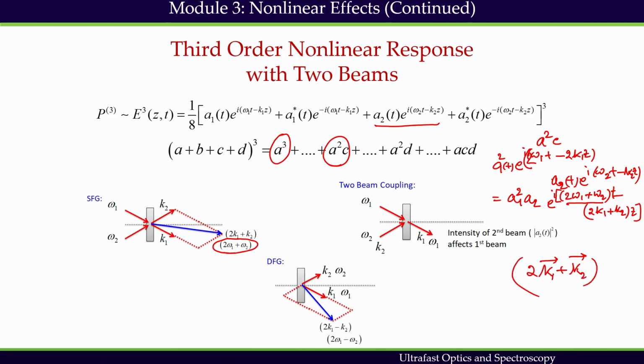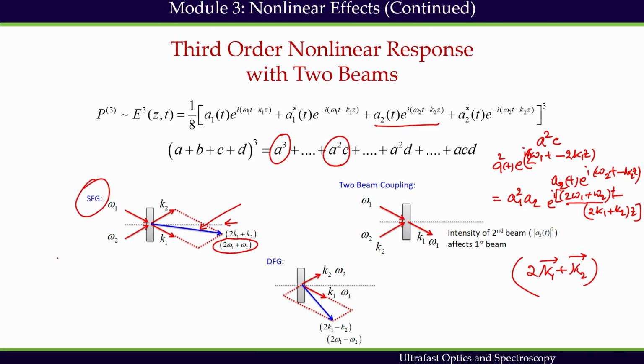So this is the direction I have to follow, and it is shown here. It is not along the perpendicular axis, which is shown through this gray line; it is off the axis, but the direction is shown here, 2k1 plus k2. This is called sum frequency generation, third order sum frequency generation.